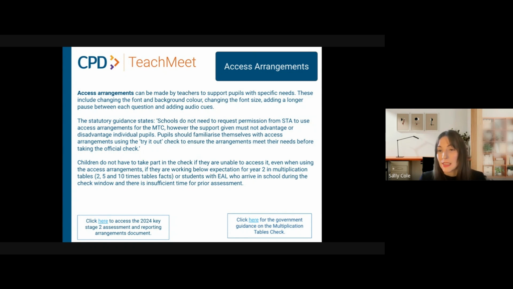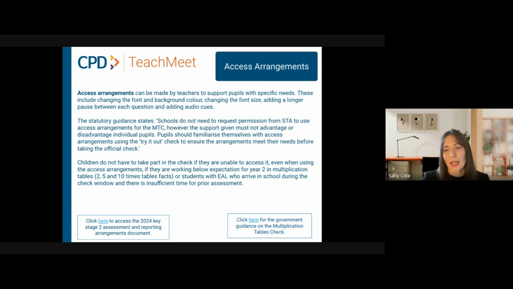I would recommend, if you're doing that, the child sits in a separate room or has headphones, because that could be really off-putting for other children. And the statutory guidance states that schools do not need to request permission from the testing authority to use access arrangements. So as long as you put the access arrangement on there and put the reason why you're giving it, you don't need to ask permission, but you do need to log it.